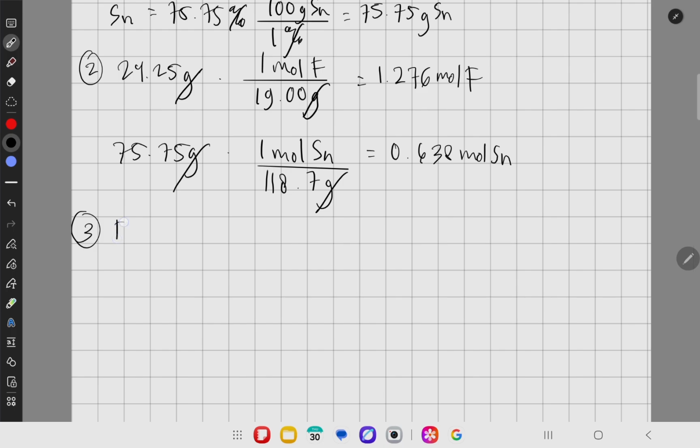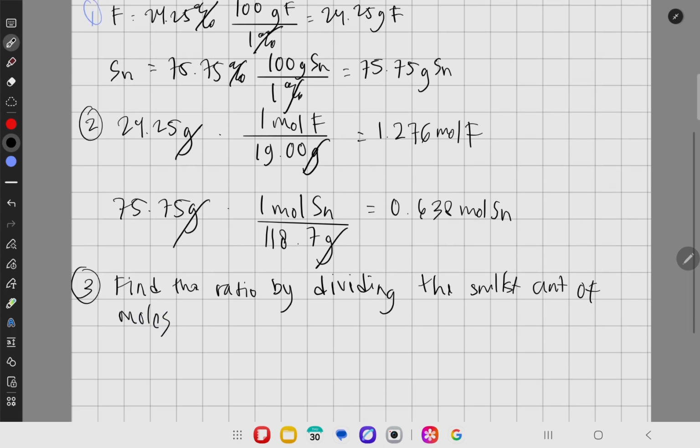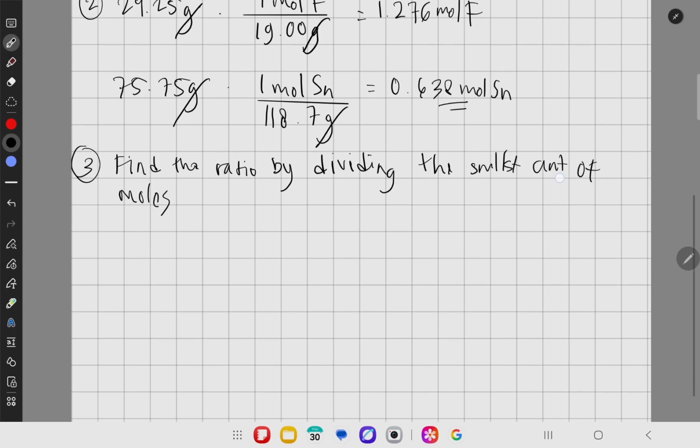Okay, so find the ratio by dividing by the smallest amount of moles. If we compare fluorine to Sn, or tin, we can see that the tin moles are smaller than the fluorine moles. So this one, we need to choose this one, right?